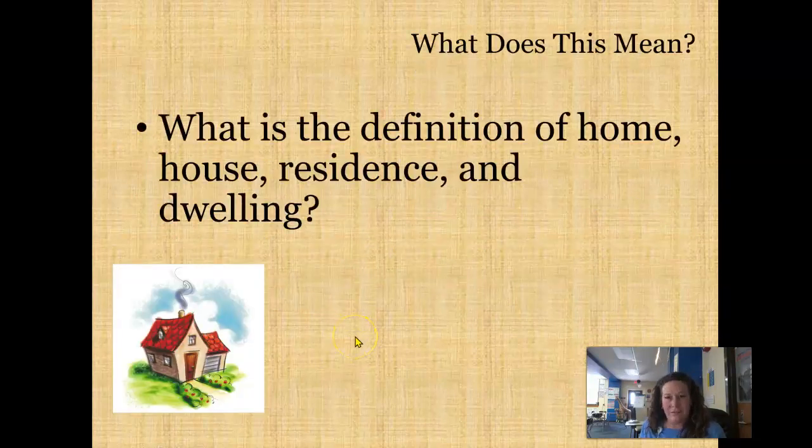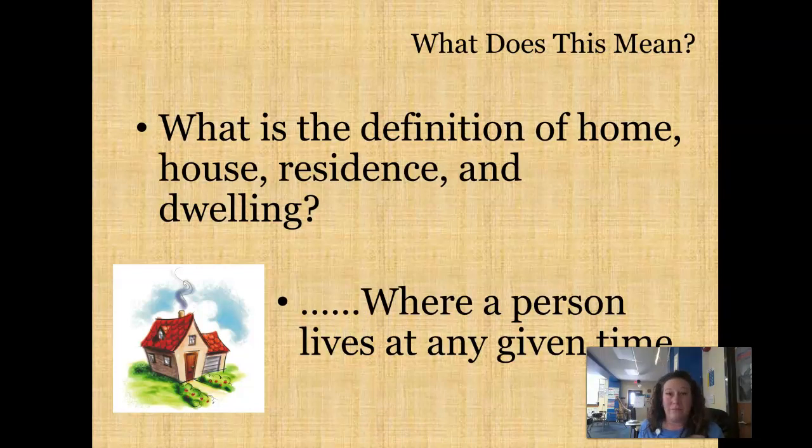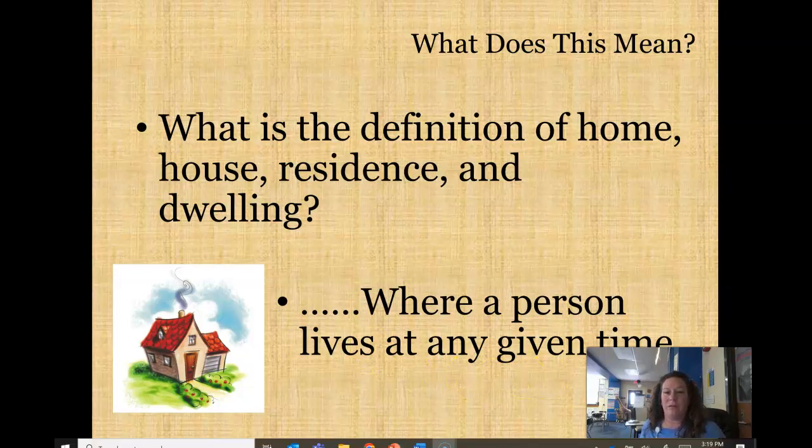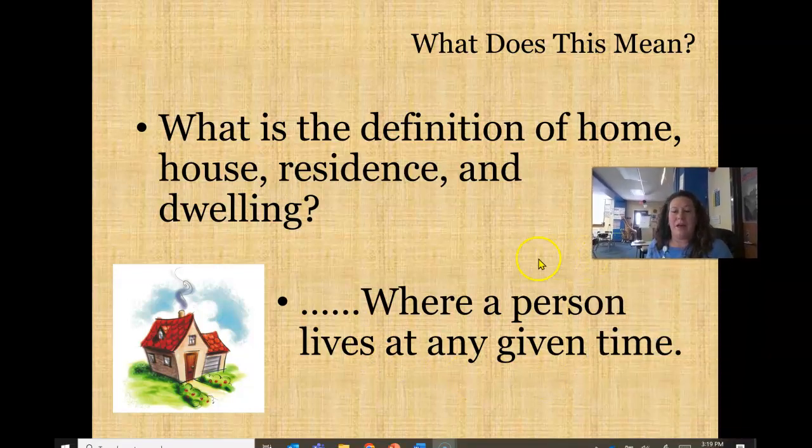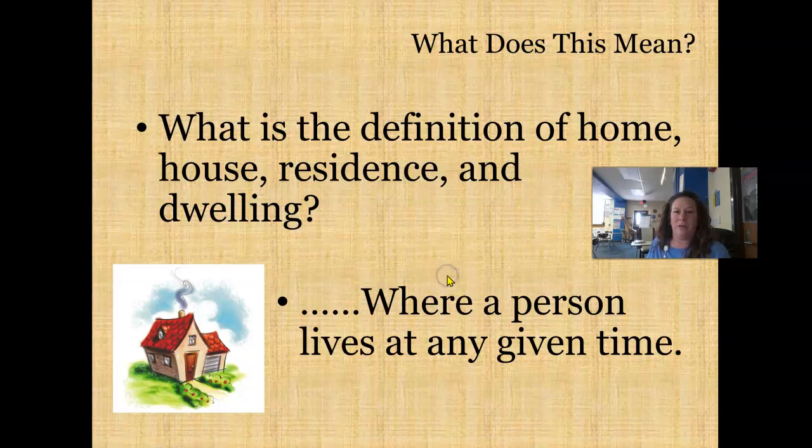So, the definition of a home and a house and a residence and a dwelling, basic meaning is exactly where a person lives at any given point in time, right? So it could be that you live in a home or you live in a residence, like a residence hall. It could be a dwelling. So those are all places that people live. That's a very basic definition of the meaning, right?